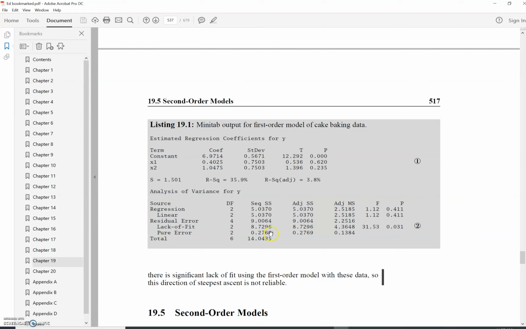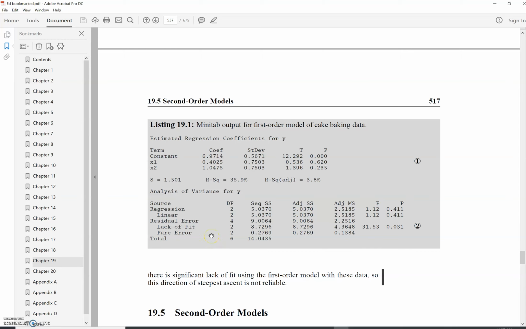We see the pure error with the 2 degrees of freedom, the lack of fit test for testing the higher order form of the model, and then the overall residual error of 4, which is broken down into the 2 and 2. Our total degrees of freedom is, of course, 6 for the entire model.